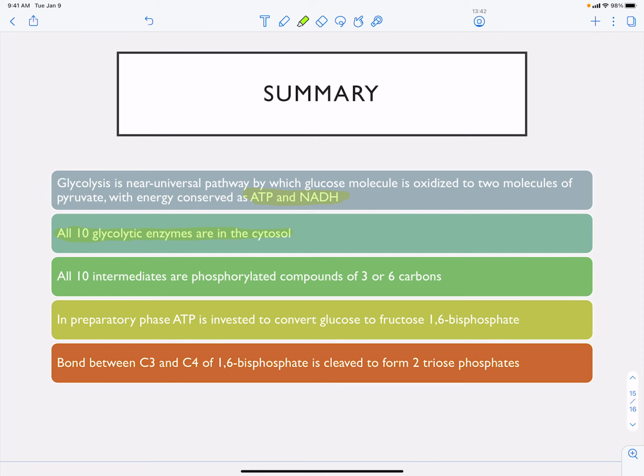The preparation phase is going to eat up 2 ATP, and you're going to convert glucose to that 1,6-bisphosphate. And then you're going to have the bonds between 3 and 4 of that 1,6-bisphosphate cleave to form those 2 triose phosphates. That's glyceraldehyde 3-phosphate and our DHAP, dihydroxyacetone phosphate.